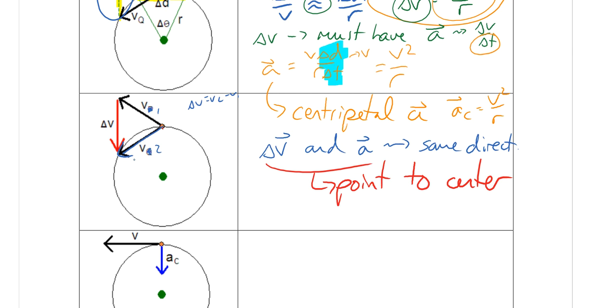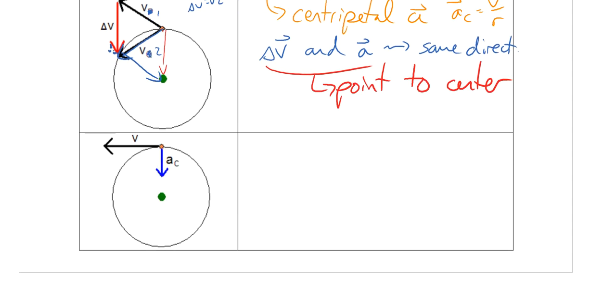Then when I subtract v1, if I did a tip-to-tail drawing, I'd come this way. If I was adding v1, I would go up this way, but I'm subtracting v1, which means it has to go the opposite direction, so it would go this way. And again, the resultant vector, like you drew in grade 11, goes right to the middle of the circle. So this whole change in v and acceleration point to the middle of the circle, which is what the last picture shows.